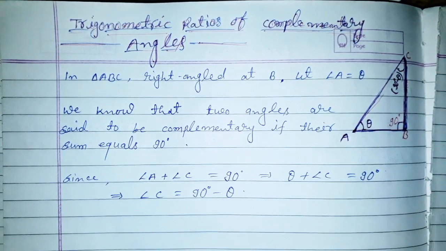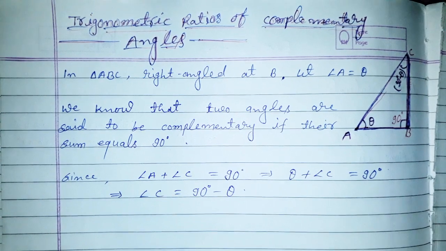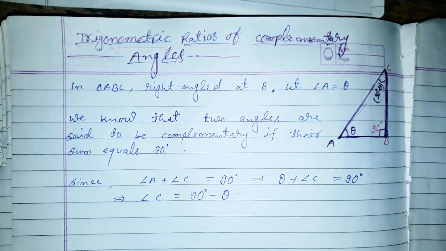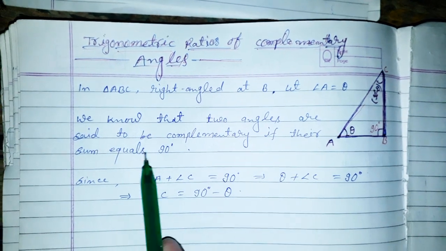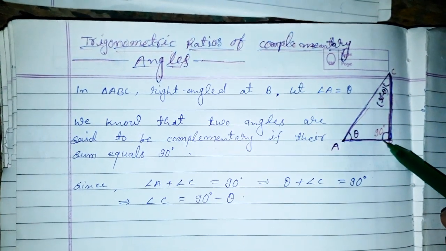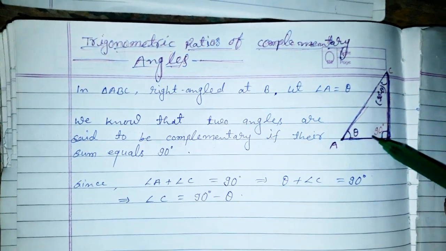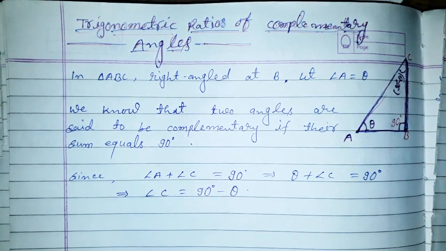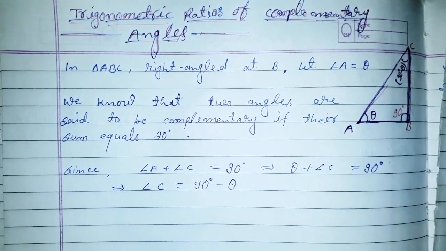Many definitions were discussed in class ninth. Here, the sum of the three angles of a triangle is 180 degrees, and angle B is 90 degrees, so the sum of the other two angles is 90 degrees.